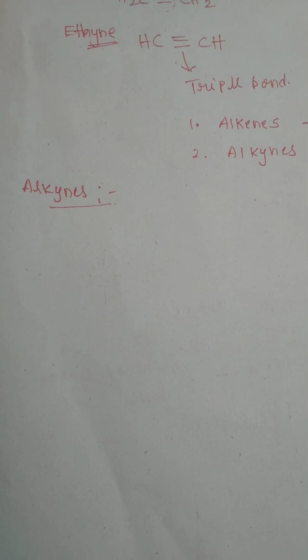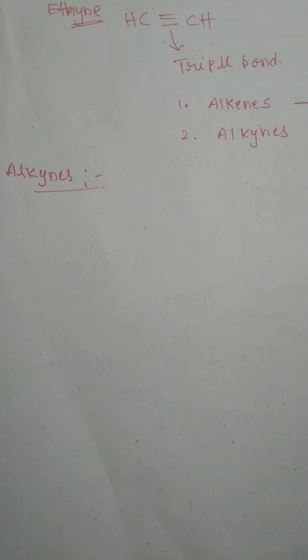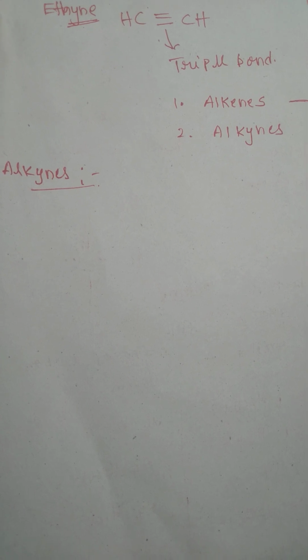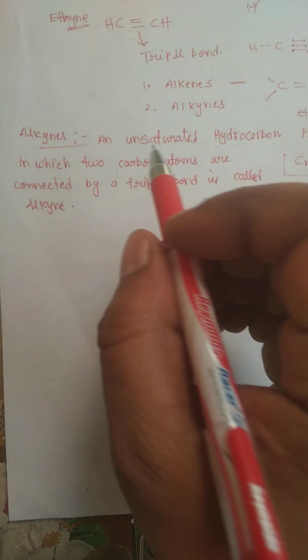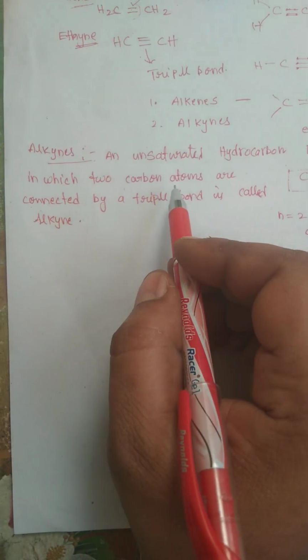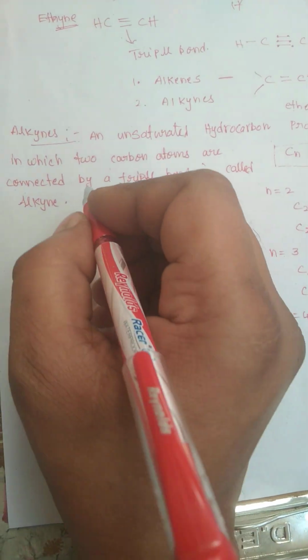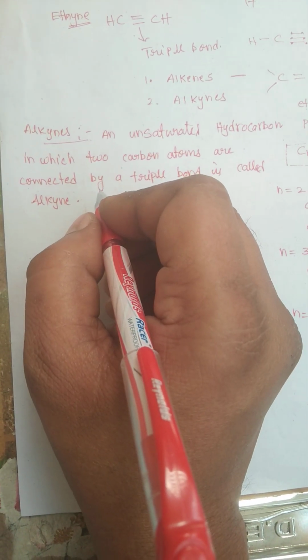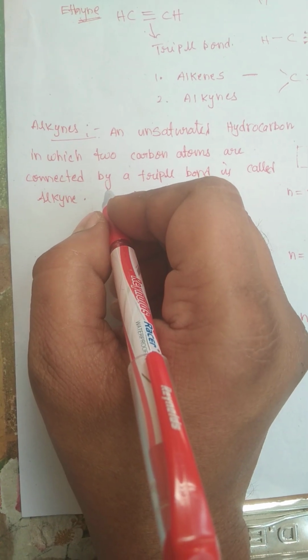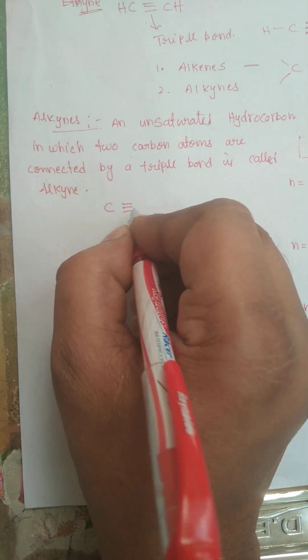Now coming to alkynes. An unsaturated hydrocarbon in which two carbon atoms are connected by a triple bond is called an alkyne. Thus, alkynes contain a triple bond between two carbon atoms.